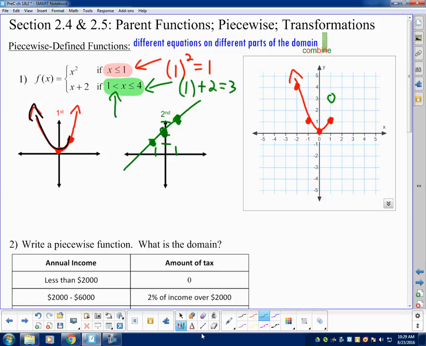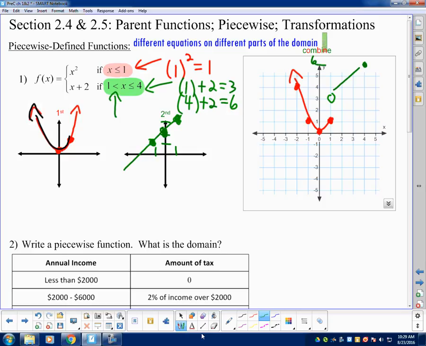So the other endpoint of this would be when x is 4. And since this is a linear function, that's going to be enough to graph it. If I plug in 4 for x, then add 2, I get 6. So I have another coordinate at an x value of 4 and a y value of 6. That puts me up here just off the graph. So here's 6 up here.